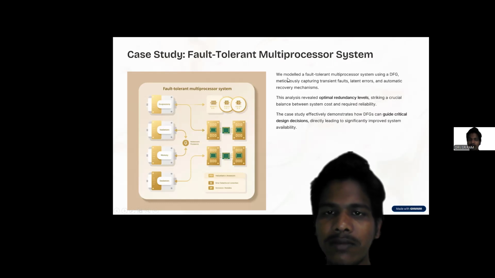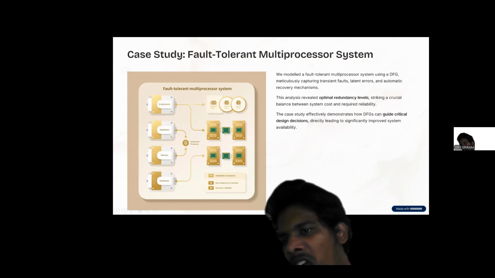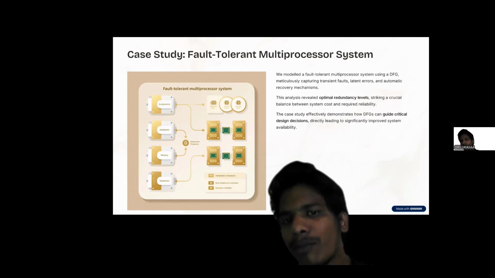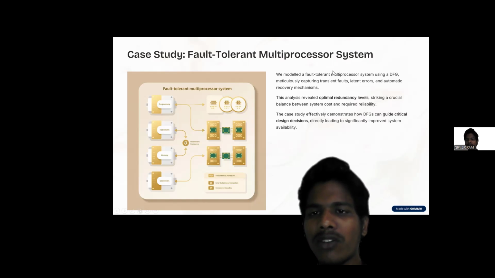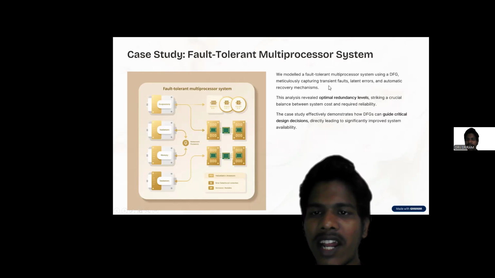And next, case study: fault tolerant multiprocessor systems. We modeled a fault tolerant multiprocessor system using a DFG, meticulously capturing transient faults, latent errors, and automatic recovery mechanisms.